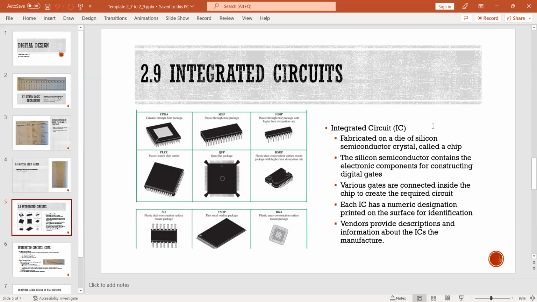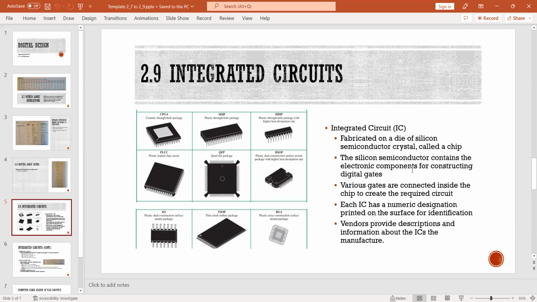Usually people call it a chip, and that chip is inside these packages. The silicon semiconductor contains all the electronic components that you would need to create the digital gates. Each one is designed separately, and it has the various gates that you want in that IC.